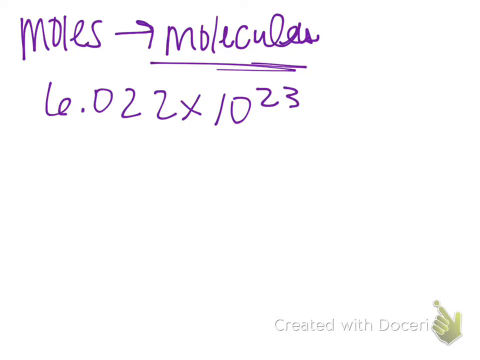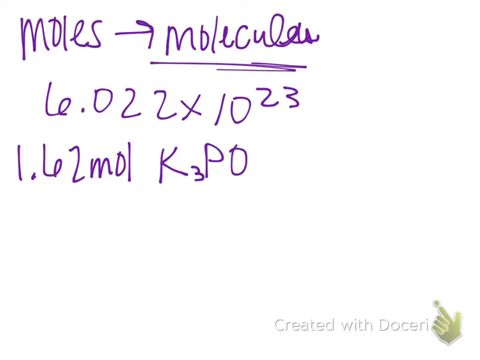So let's say we start with 1.62 moles of potassium phosphate. We want to find out how many molecules of potassium phosphate are in that sample.